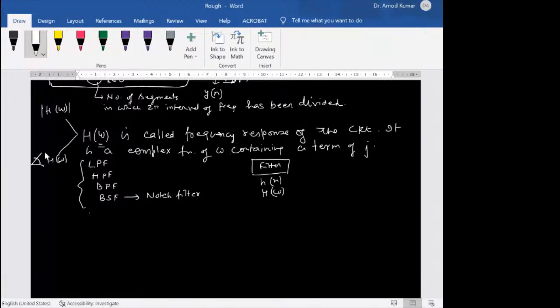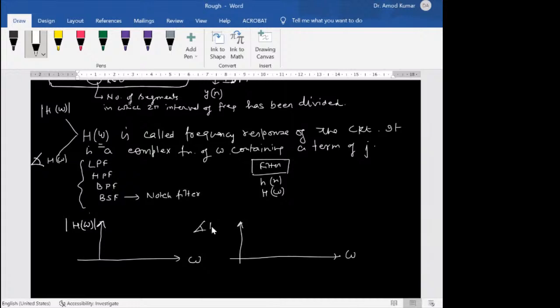Each of them can be plotted with respect to frequency. I can plot mod of H omega with respect to frequency. I can also plot angle of H omega with respect to frequency. And this H omega is a continuous function of omega.